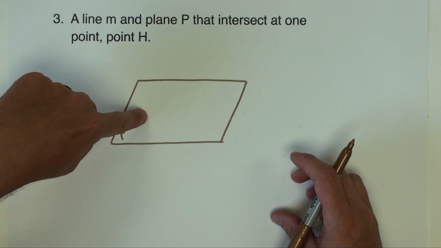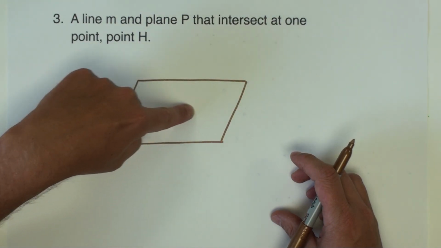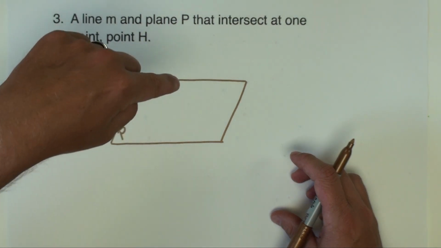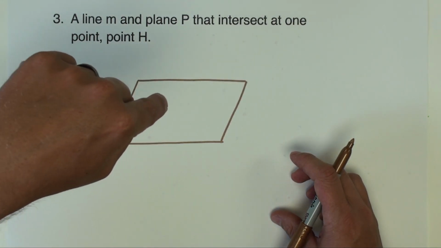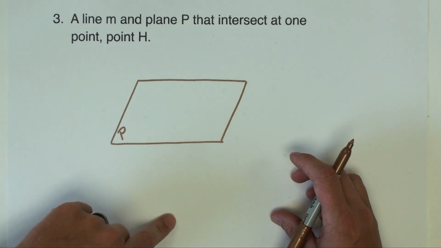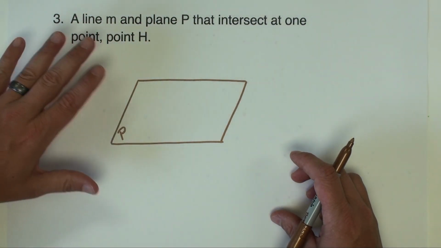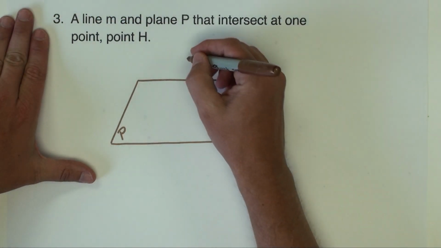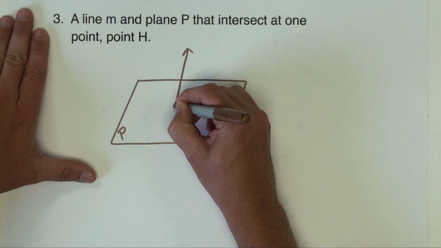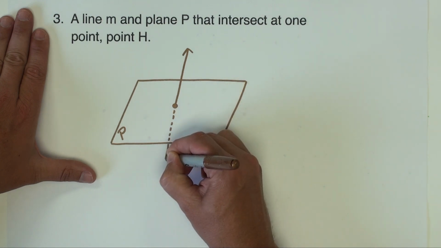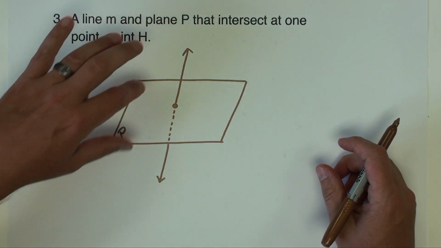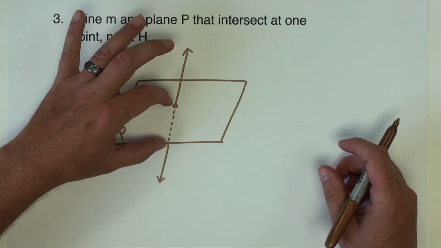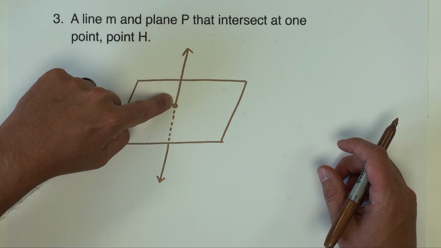So I don't want to draw it inside the plane, okay? Instead, I want to illustrate that the line is above the plane and it passes down through the plane to the opposite side. So the line has to be like above and below the plane. And the way I'm going to do that is like that. So the dotted line used right there is illustrating that at that point, that line is behind the plane.